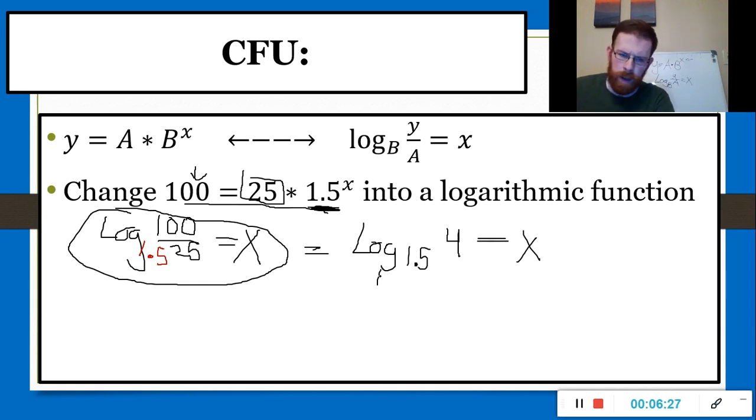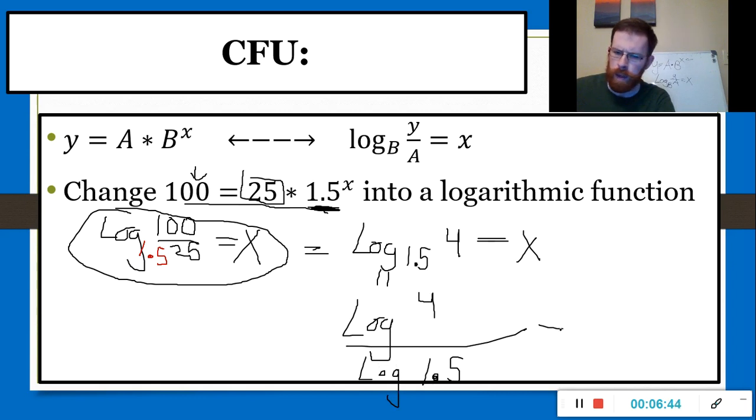Now once again, that's the same thing as log of 4 divided by log of 1.5 is equal to x.